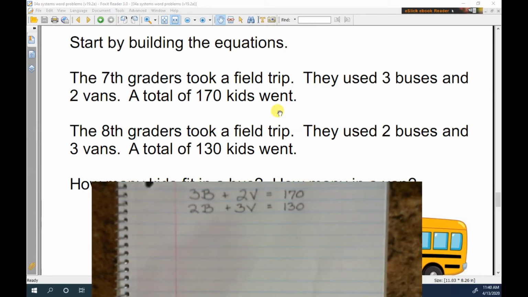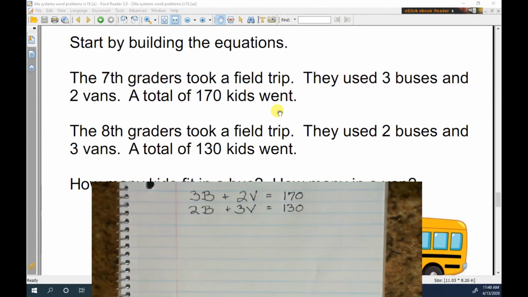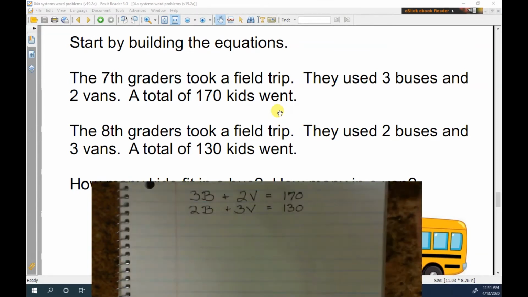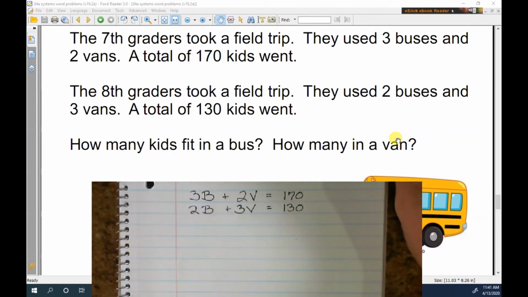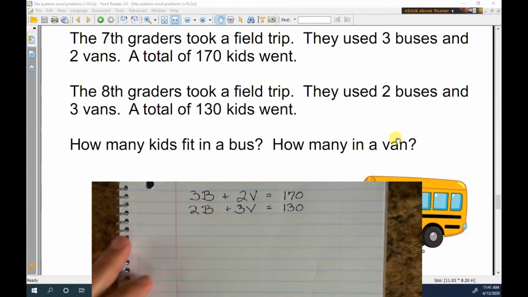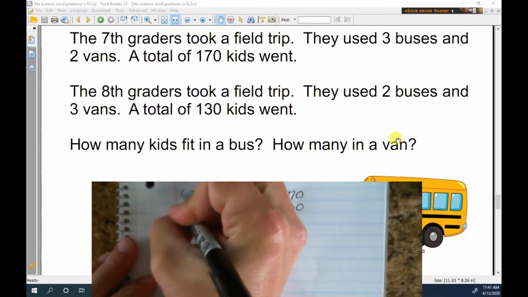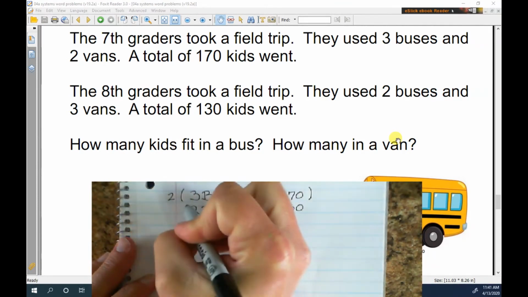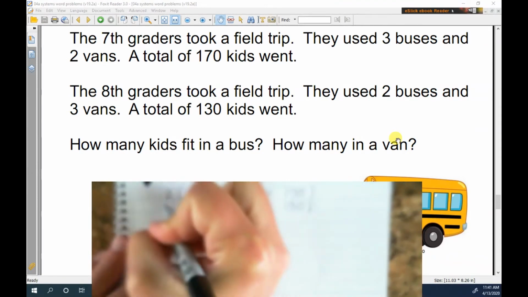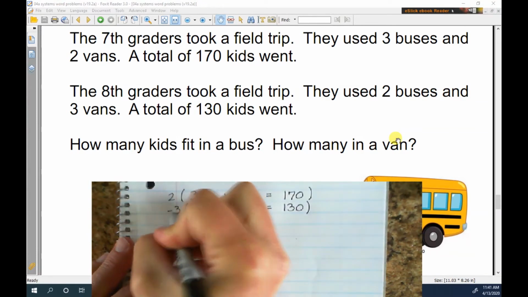At this point, we would have to solve this system of equations. How would you solve something like this? You have options. You can either multiply the top by, let's see, we have to multiply the top and bottom to make this work. So let's go with the top by 2 and the bottom by negative 3.